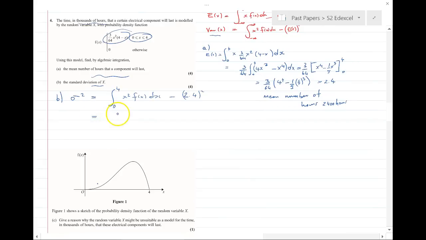So that's equal to, we can take the 3 over 64 out this time, and then we've got an x squared with it this time, so the powers are going to be 1 raised from our expression that we had before. So that's 4x cubed, take away x to the 4, dx from 4 to 0, minus the 2.4 squared.